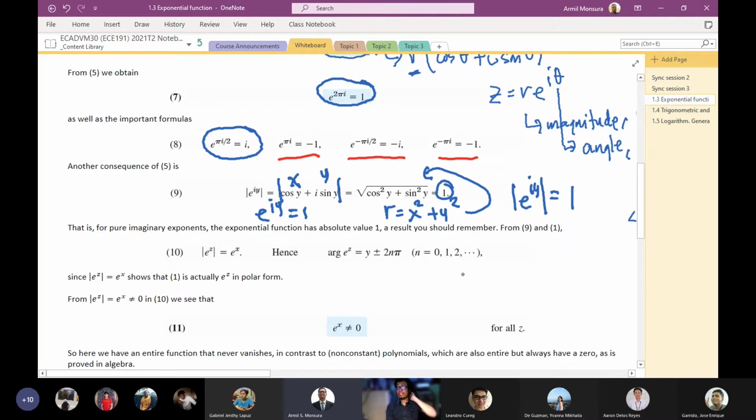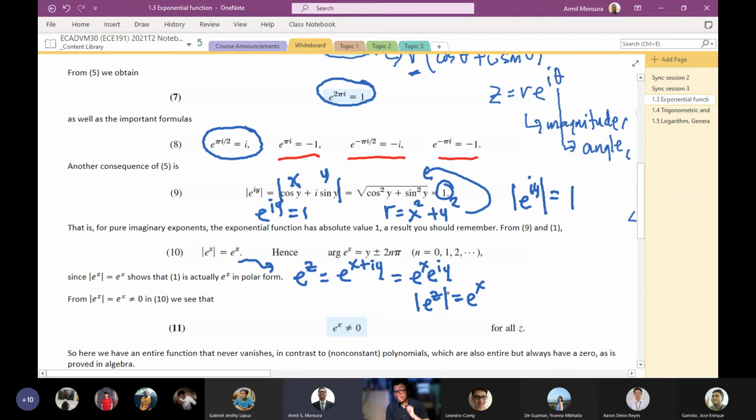Okay? And then, going back dun sa kaninang definition natin, since you have e raised to z equals e raised to x plus iy, we have e raised to x times e raised to iy using the properties of exponentiation. From there, you would have the magnitude of e raised to z equals e raised to x.